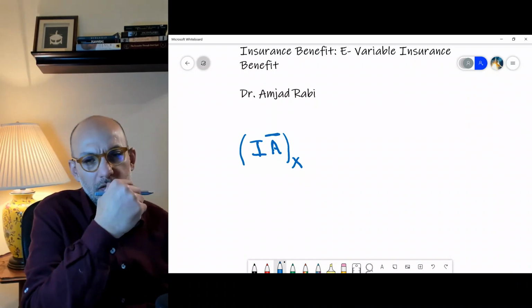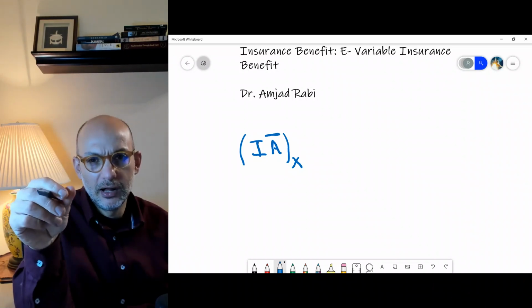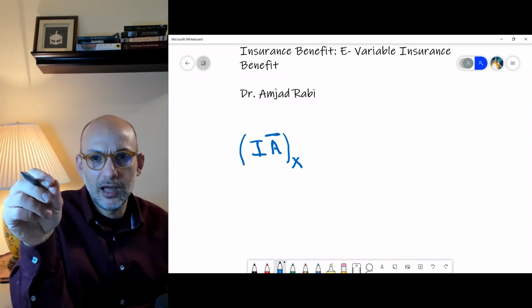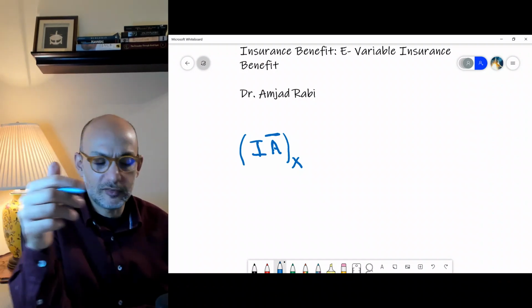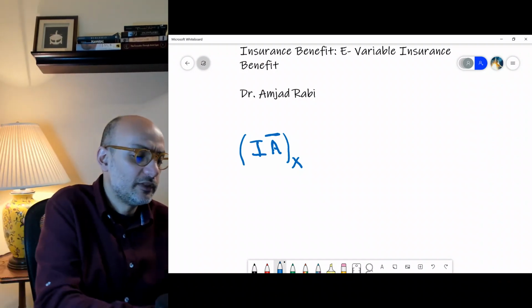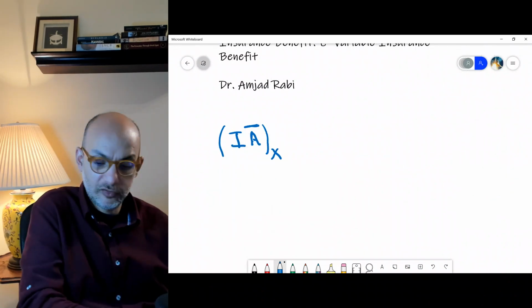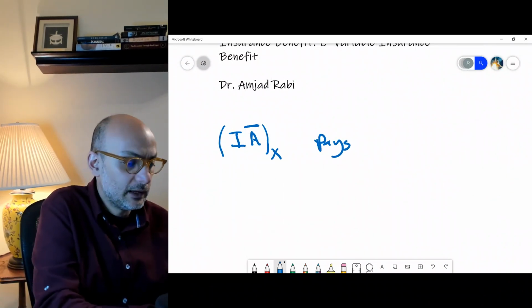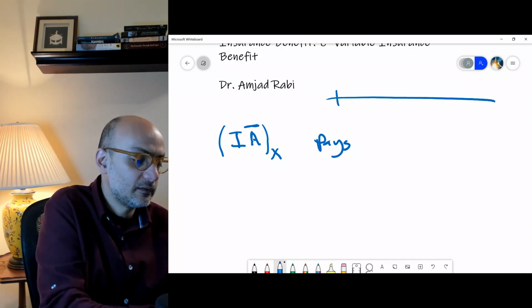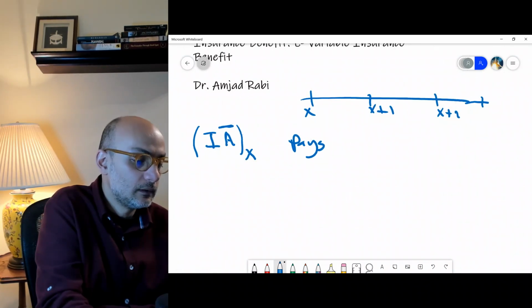We know that whenever A has a bar, it means that the amount of benefit is paid at the moment of death, but it's I for increasing. So what we want to say here is, if you have this line, this is X, X plus 1, X plus 2, X plus 3.